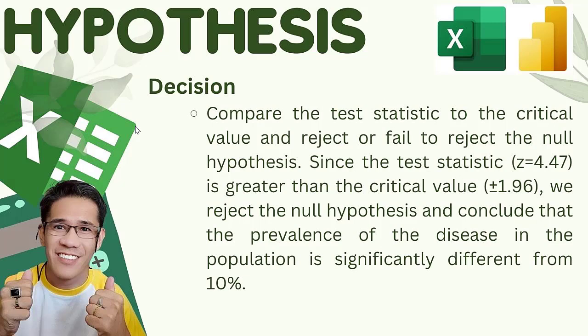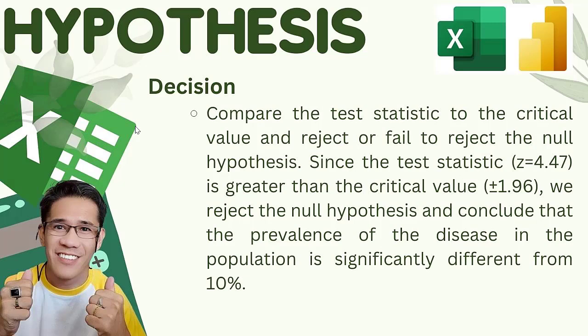Where did I get 1.96? Alright, so if you remember the example, the level of significance I have used is 0.05. When you convert the 0.05 significance level into a critical value, this would be 1.96.